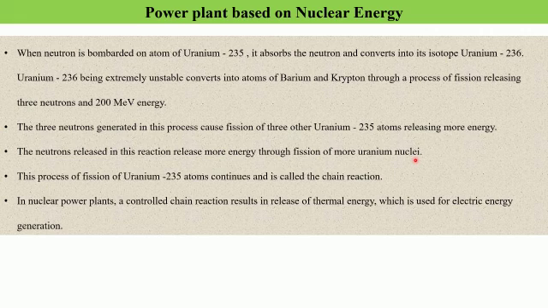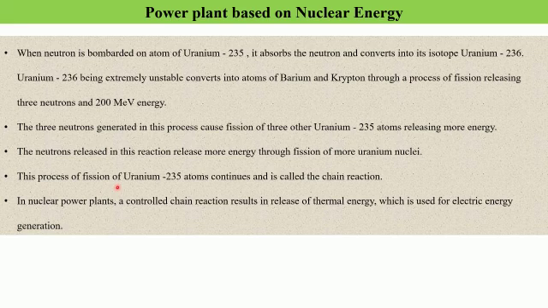So in the first reaction, we found that 3 neutrons were formed. These 3 neutrons, on combining with uranium-235, gave rise to 9 neutrons. Now these 9 neutrons further can bring about the fission of more uranium nuclei, and every time you will be getting more and more amount of heat energy.